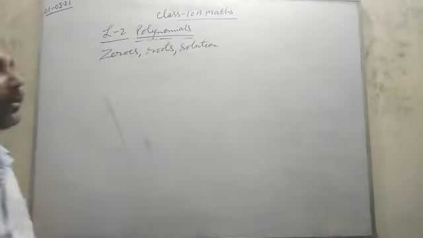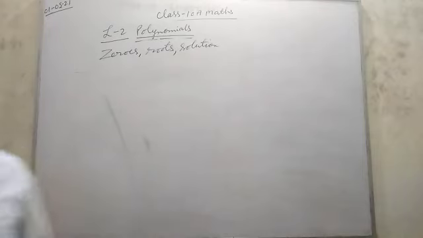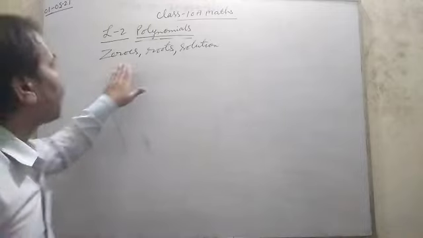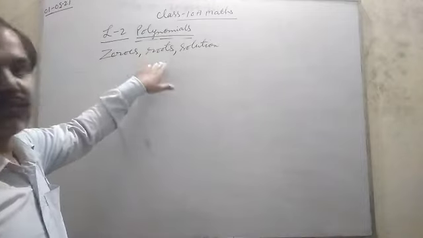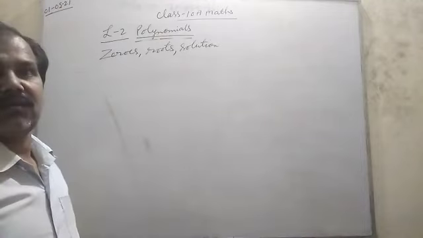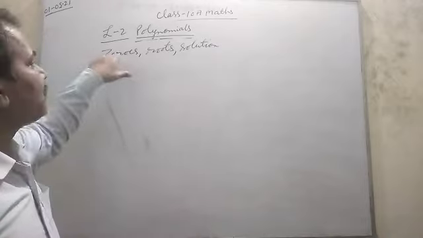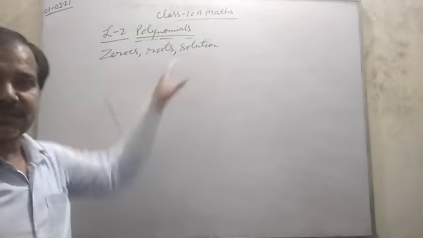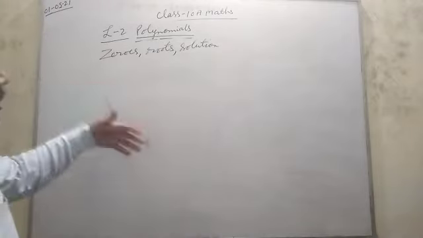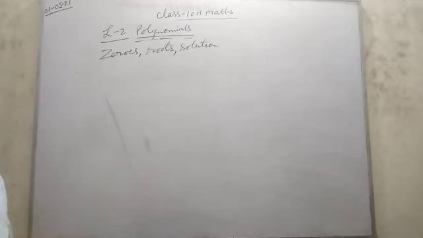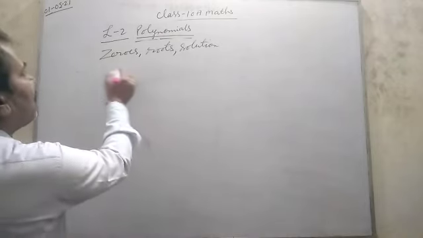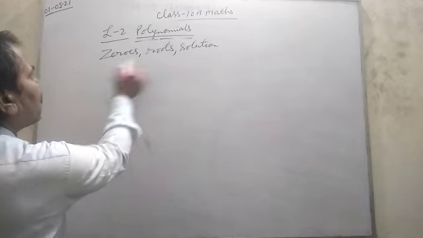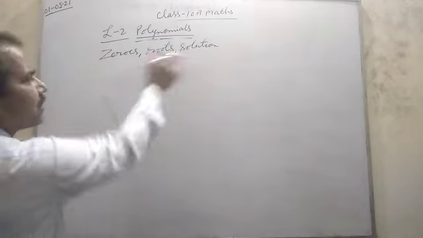All are the same, their meaning is the same. It means if any quadratic polynomial is given, then how to find its zeros, roots or solutions; or if its zeros, roots or solutions are given, then how to find that polynomial. So first, if the roots are given.